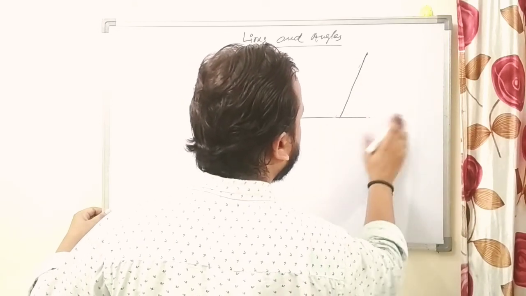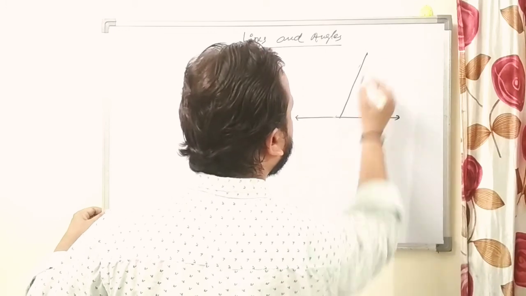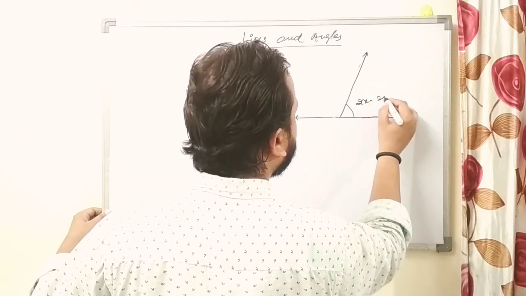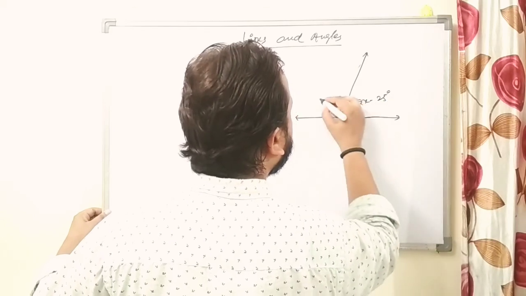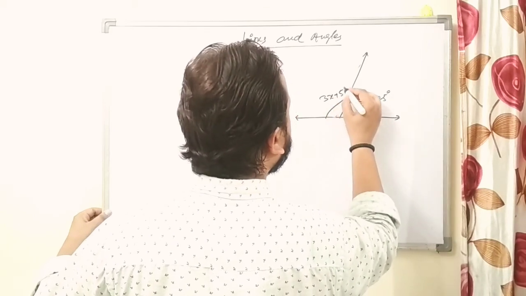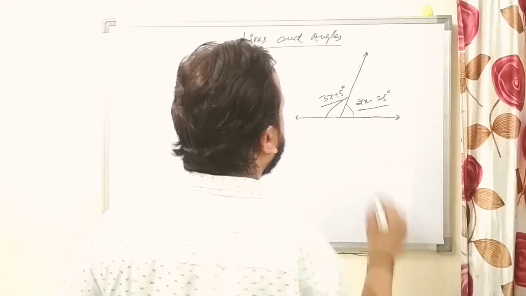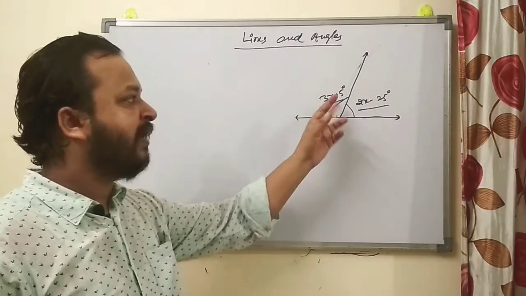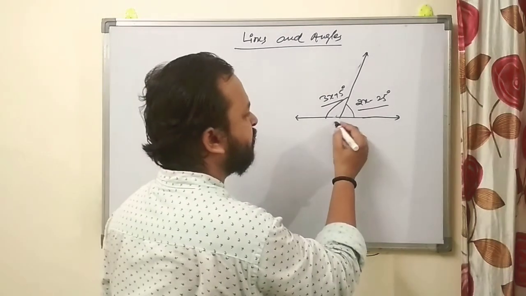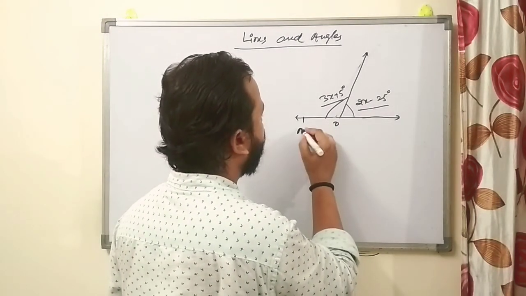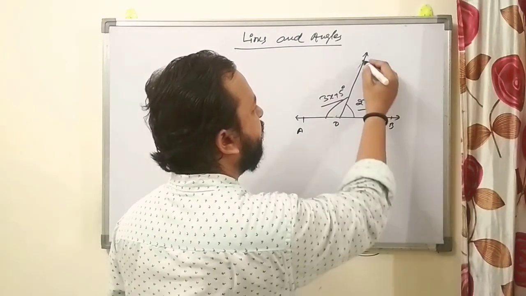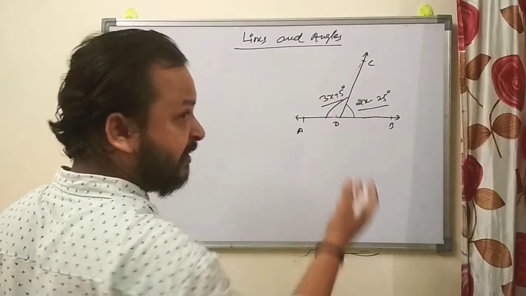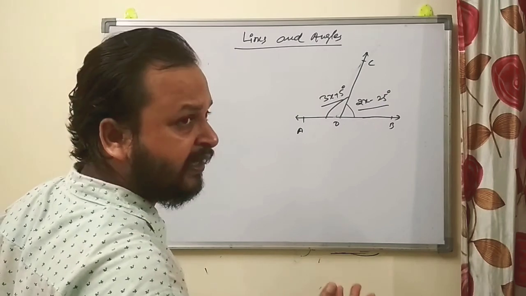Here this is 2x minus 25 degrees, this is 3x plus 5 degrees, right? You have to find out the actual values of these given angles, right? So mark it O, suppose O, A, B and C, right? So you know these are adjacent angles. You can also say a linear pair of angles.